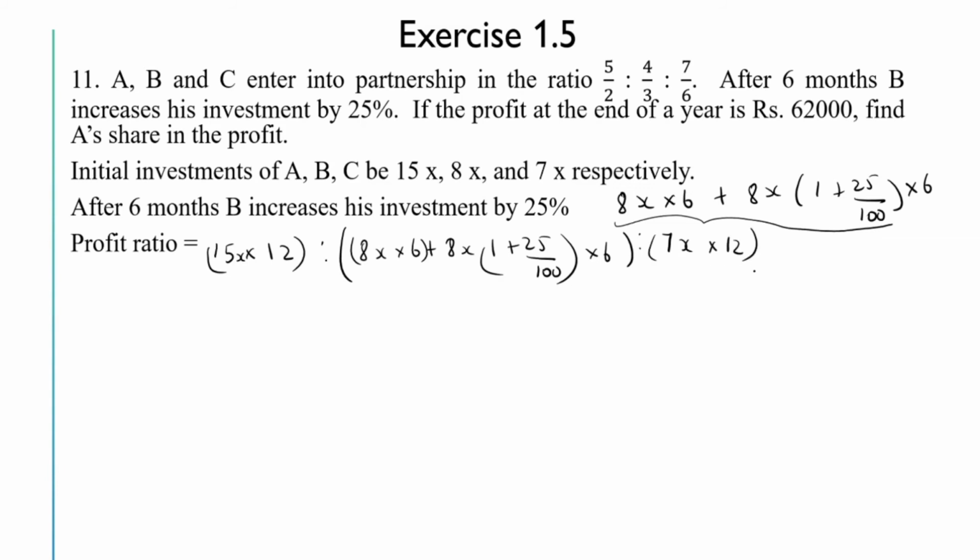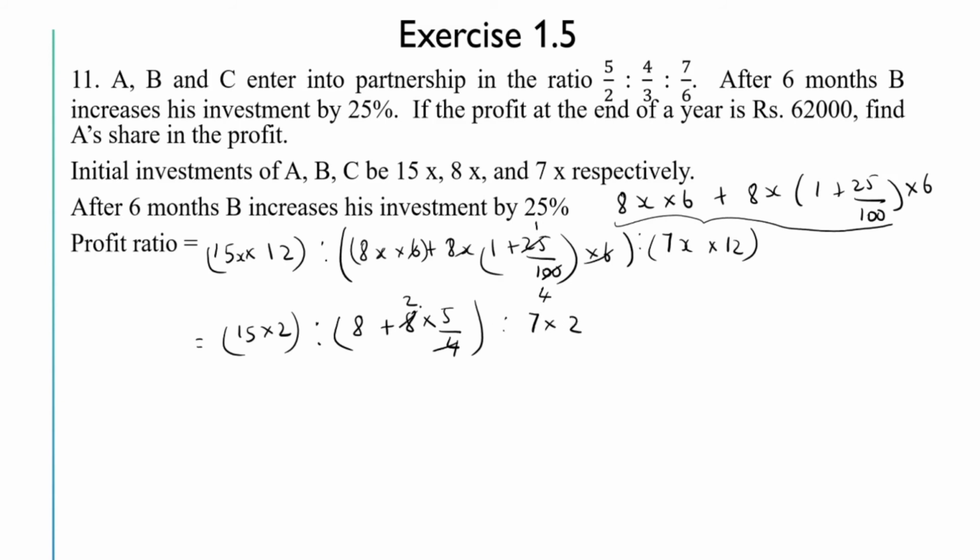So let us divide by x and 6. Here this 6 will go, and this 6 will also go, and all these x will go. So we get 15 into 2 : 8 plus 8 into (1 plus 1/4), which is 5/4 : 7 into 2.